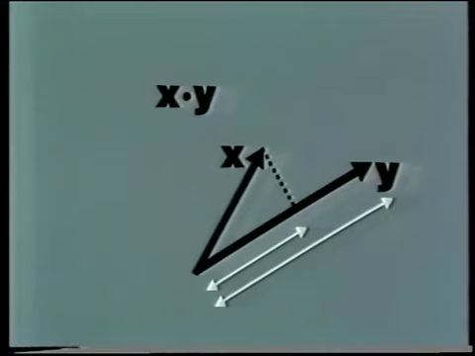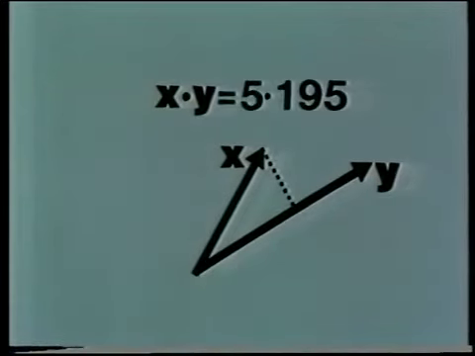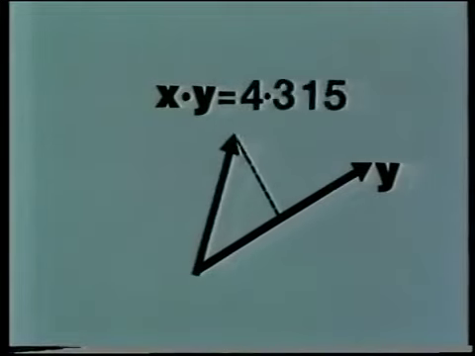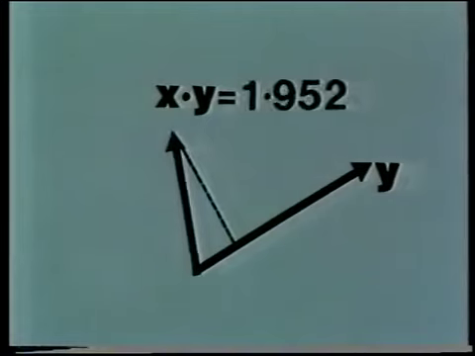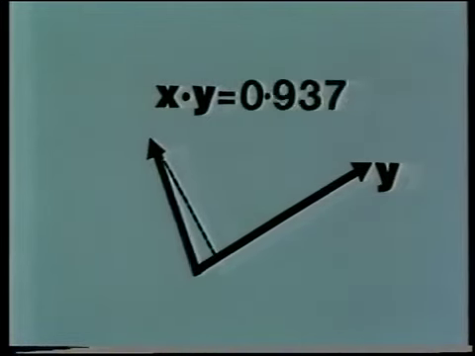In this example, the length of x is 2 and the length of y is 3, so in this case x dot y is about 5.2. Now look at how the dot product changes as the angle between x and y changes. And notice how the projection of x onto y gets smaller.